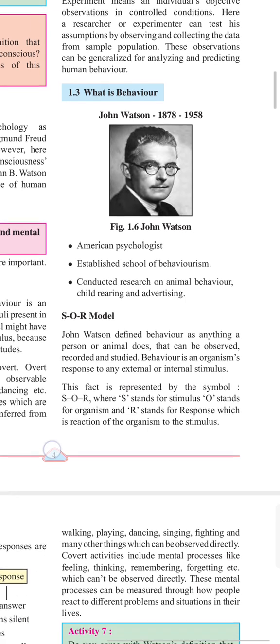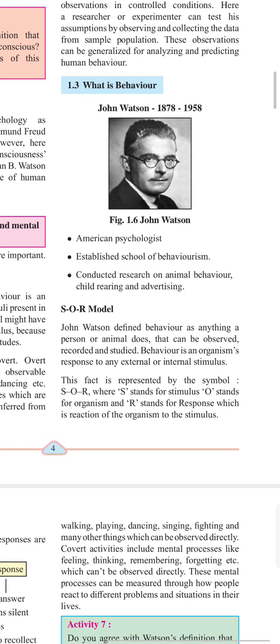And the SOR model, which was established by John B. Watson. John B. Watson defined behavior as anything a person or animal does. He is saying that behavior is anything that humans and animals do.